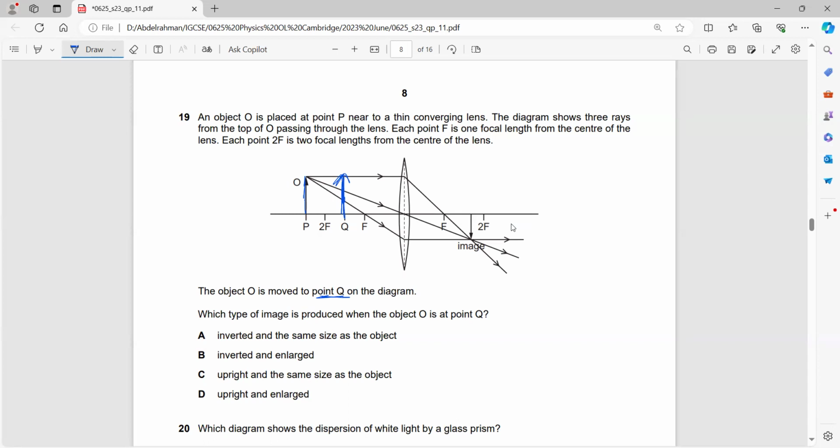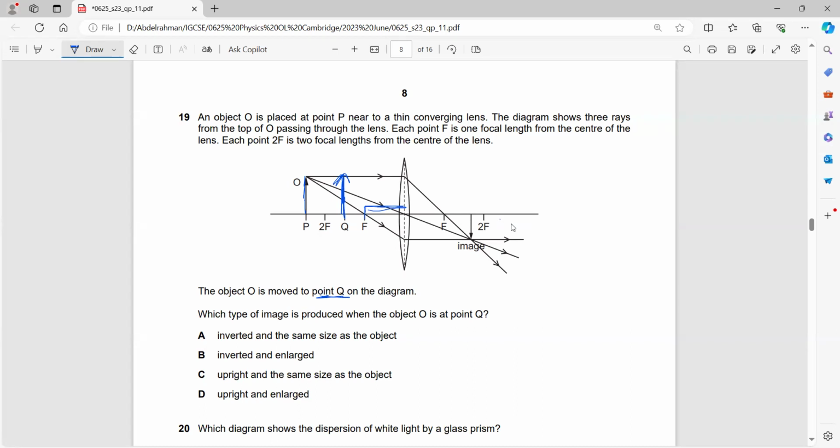Whenever you move an object closer to the lens, what happens to the image? The image gets larger. Okay, it will remain inverted as long as the distance is greater than the focal length.